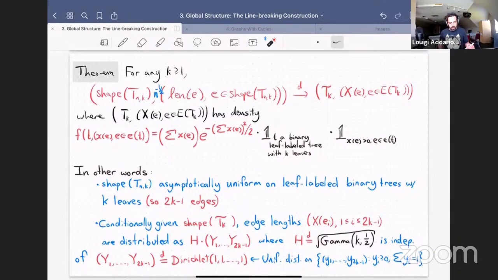Okay, and then by doing a little bit of work with this density, you can extract the fact that that's equivalent to saying that the total length is gamma(k/2) distributed, and if you divide through by the total length, then the proportion of that length falling on each edge looks like a Dirichlet random vector. Okay.